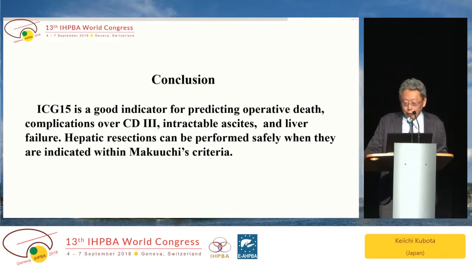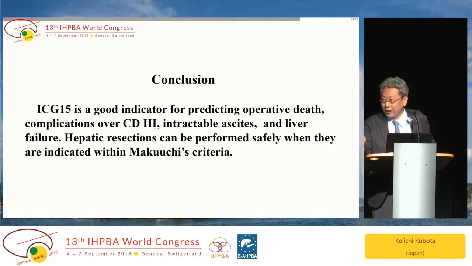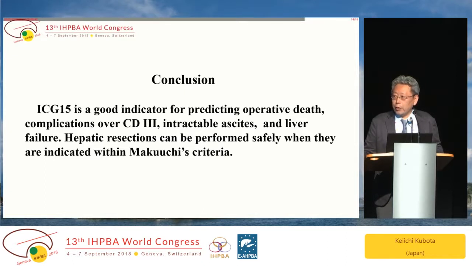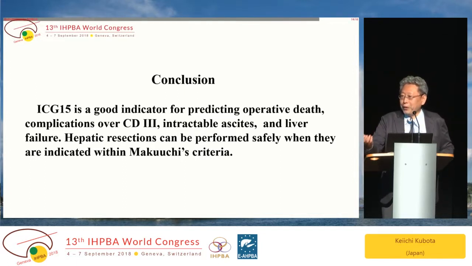What is your comment? You perform ICG-15 examinations at your institute, but you don't use it for selecting the surgical procedure, right? We use it as a part of the total decision, not as the only factor that may lead to yes or no for hepatic resection. Because except for ICG-15, what do you believe for selecting the surgical procedure?